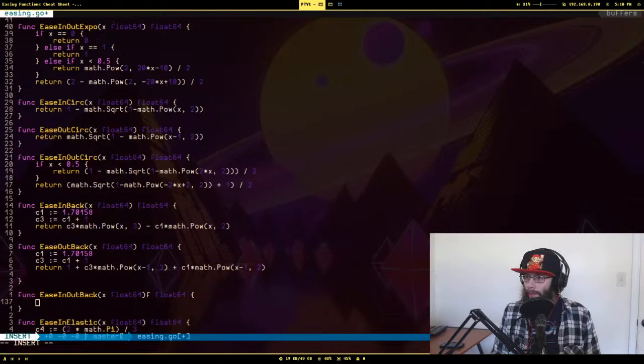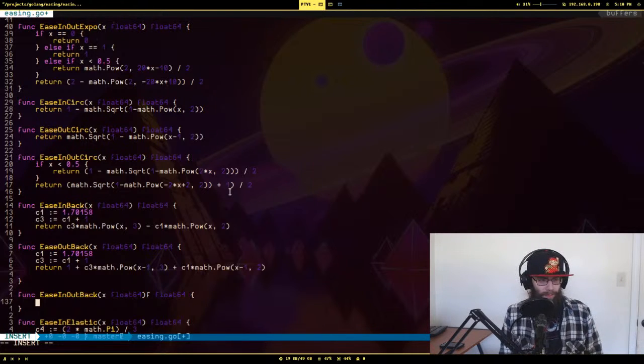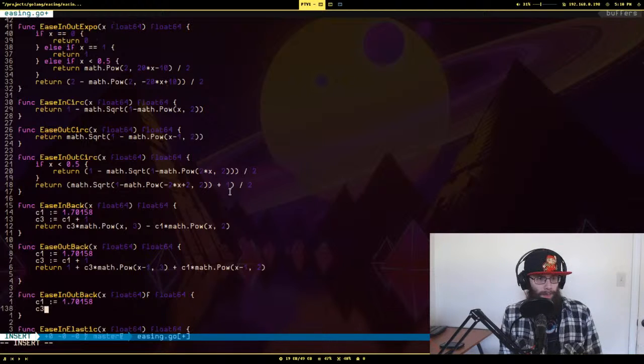And out, back. First number's the same, second one's not. What's it called? C2 now. C1 equals 1.70158. C2 equals C1 times 1.525.